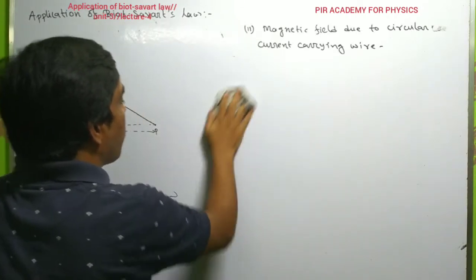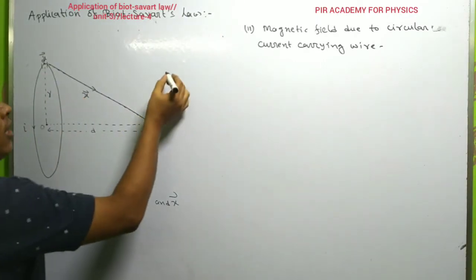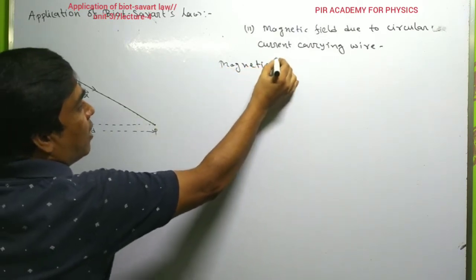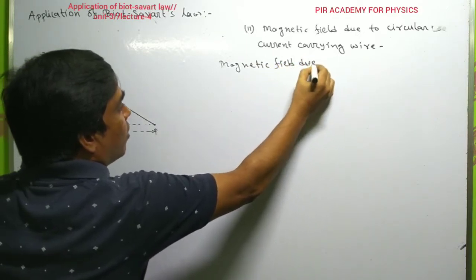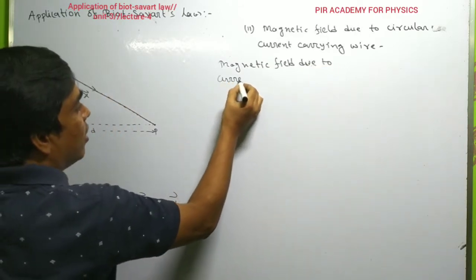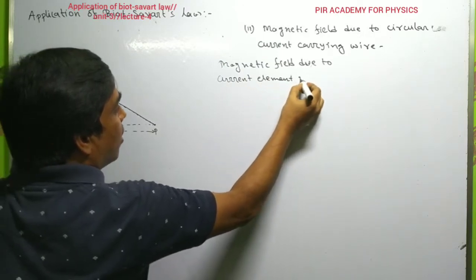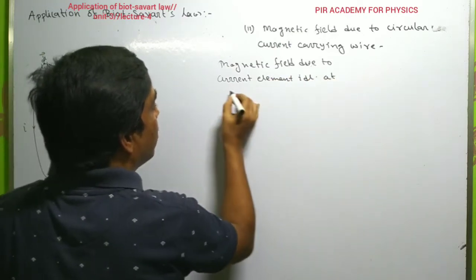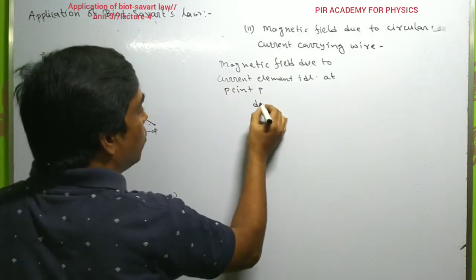Now you have to apply Biot-Savart law. So the magnetic field due to the current element I dl at point P is, suppose, dB.